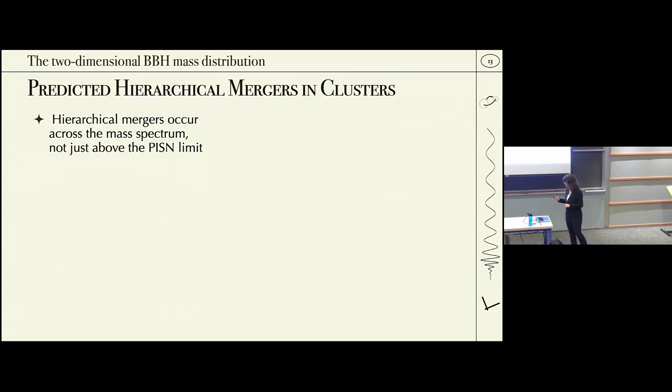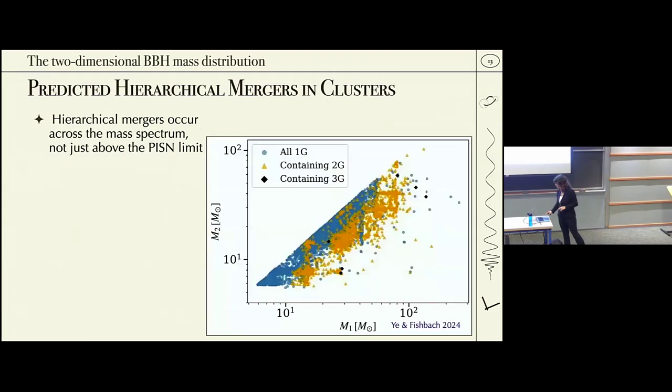And again, we can look for them by considering the 2D distribution of masses. This is a plot from a paper by Claire Ye, where she's simulating globular clusters with the cluster Monte Carlo code. The first generation mergers are shown in blue here, and the second generation mergers are shown in orange.